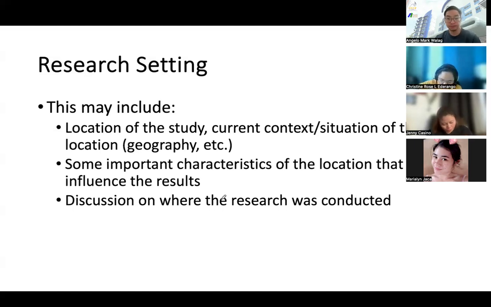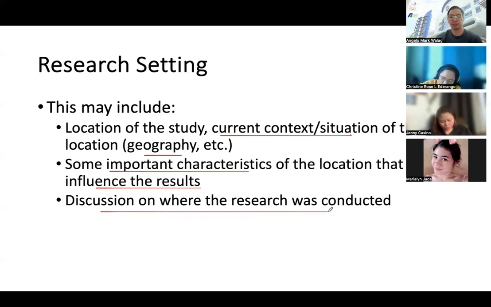One, it should include the location of the study, the current context or situation, like the geography, if it matters, and so on. And then you can also describe the culture, for example, the demographics of that location, because that would also be important in the analysis, and so on. Some important characteristics that you believe will influence your results.